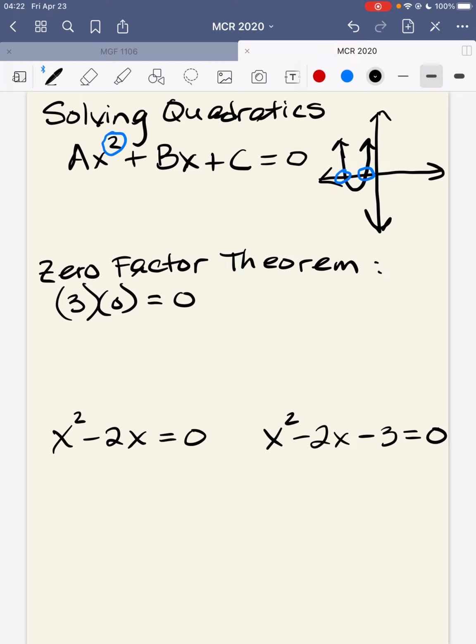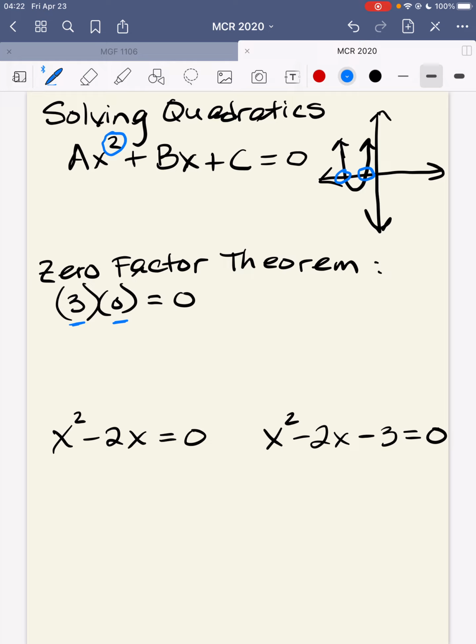And if I think of these two parentheses as 2 different binomials, that just means as long as one of those binomials is equal to 0, I have a solution. So anything multiplied by 0 is 0. We know this from doing our multiplication tables. Let's kind of see how it's going to work.